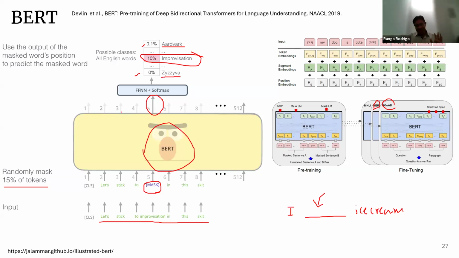Based on that loss, they adjust the parameters in the network. So by that, they will not actually construct the probability density function, but they will be able to produce the probabilities for all English words for the next word. For the missing word, they are producing the probabilities of all the words in English. There are about 30,000 words. They produce 30,000 probabilities, so hopefully the highest one is the correct one.